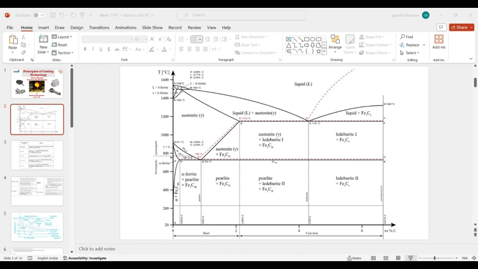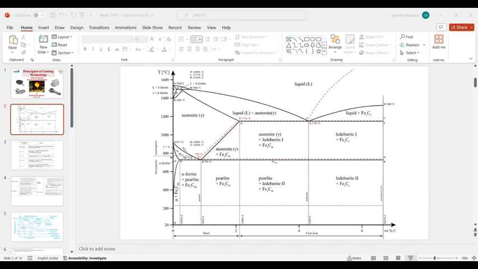So these three points are important during the study of the carbon phase diagram. And as you can see here, we have black lines and we have dotted red lines. When we are talking about the iron carbide phase diagram, we are talking about carbon and iron.